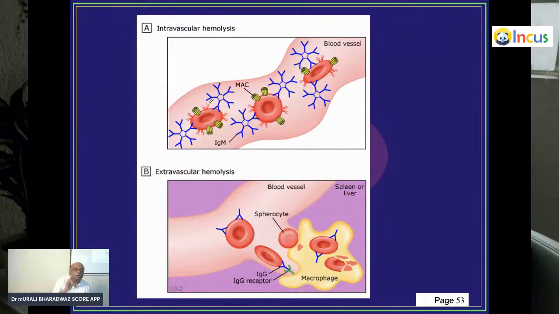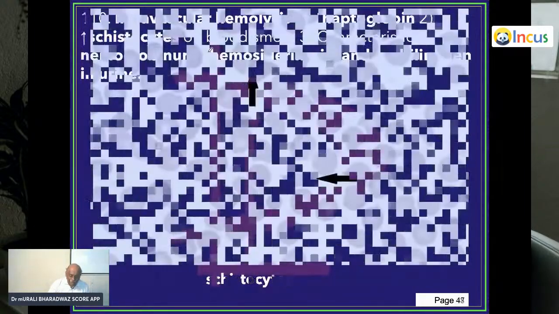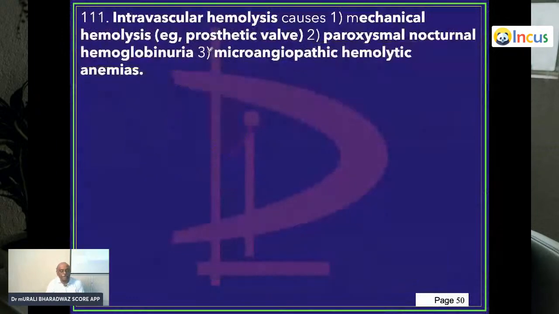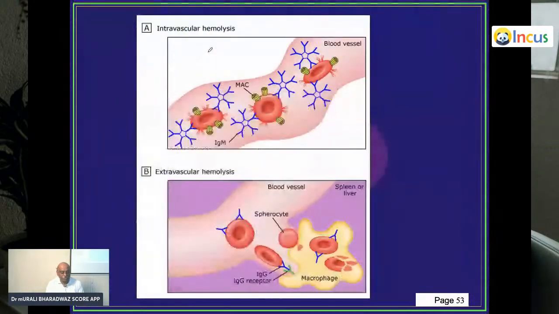So broadly, hemolysis is divided into intravascular hemolysis and extravascular hemolysis. Intravascular hemolysis is typically when the RBC is broken inside the blood vessel. Extravascular means typically the RBC is coated with immunoglobulin G, and when it passes through the spleen, the splenic macrophages, Kupffer cells are there, no?